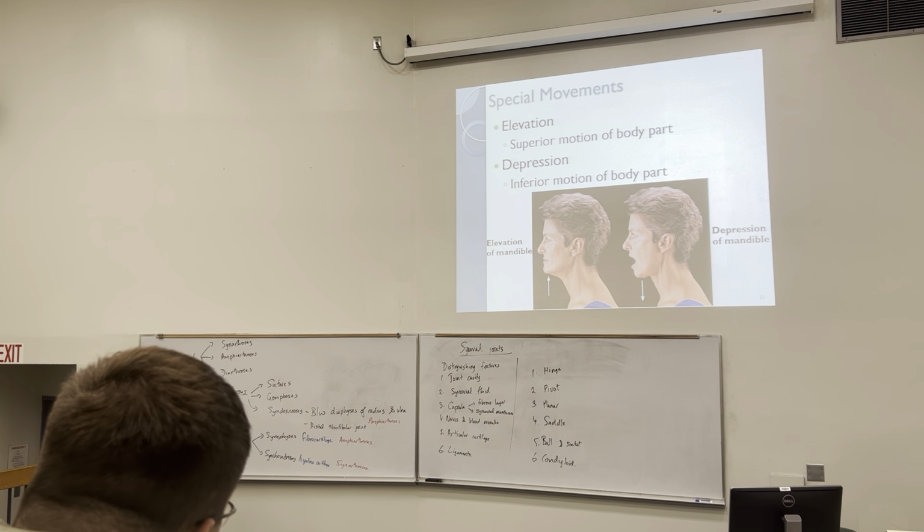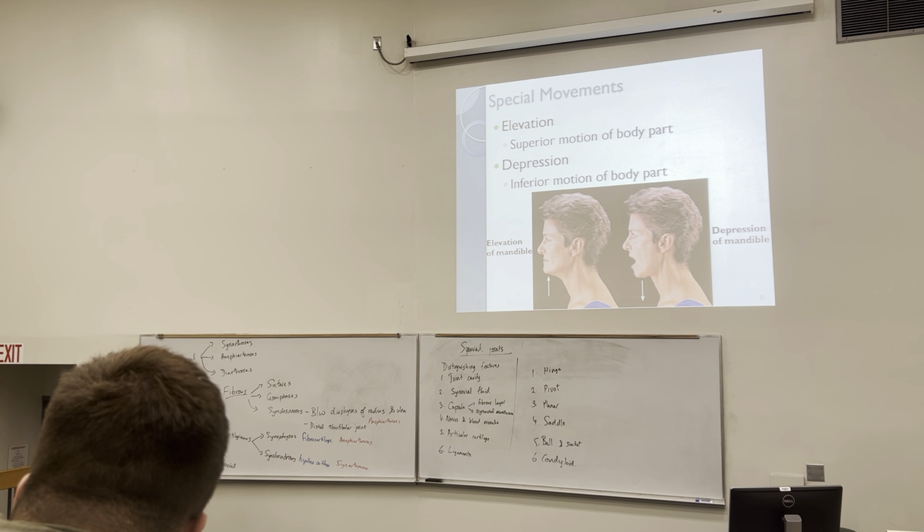TMJ. That's an interesting one because a hinge shouldn't allow that, but it's more like a hinge. Somehow it also lets it drop down. It's strange. It has some characteristics of all of those, but it's not.